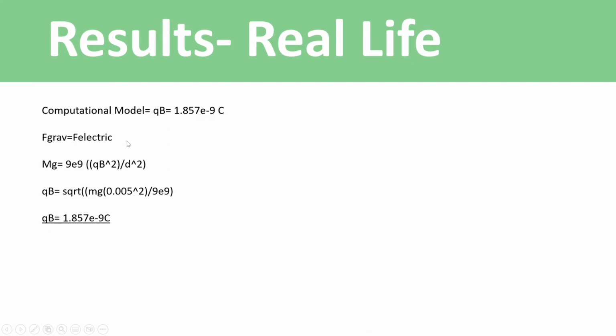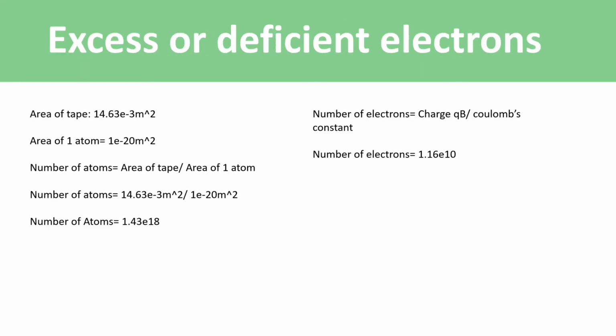We get this by setting the force of gravity equal to the electric force, and then solving for QB, which is the charge of tape number B.